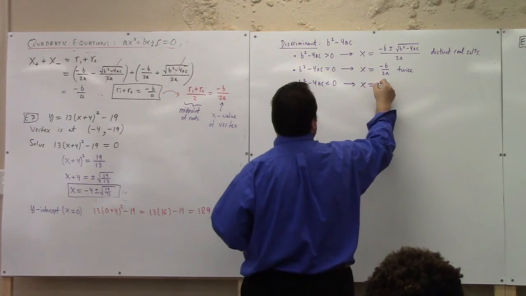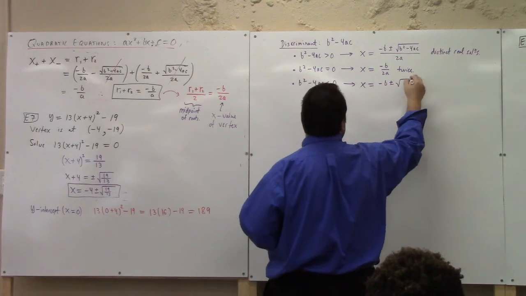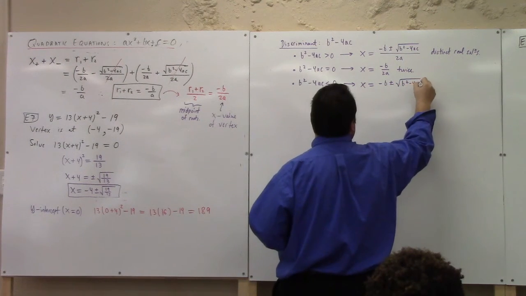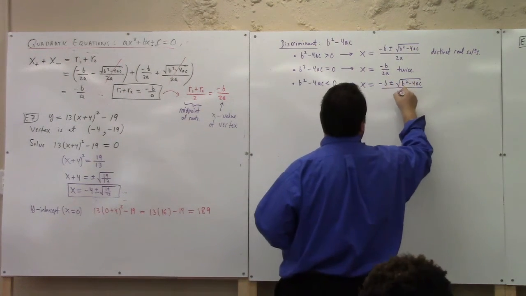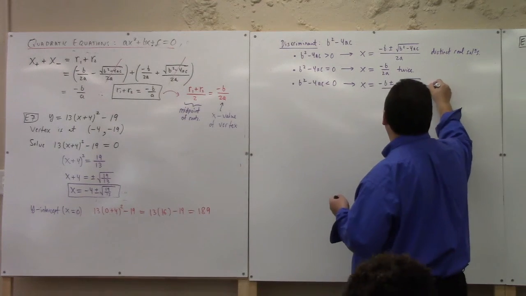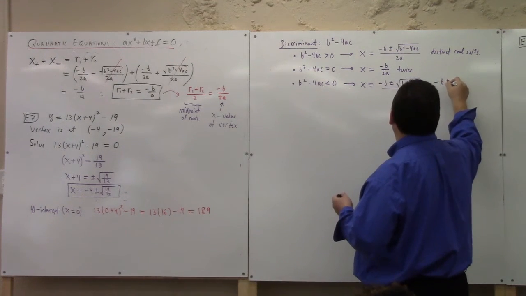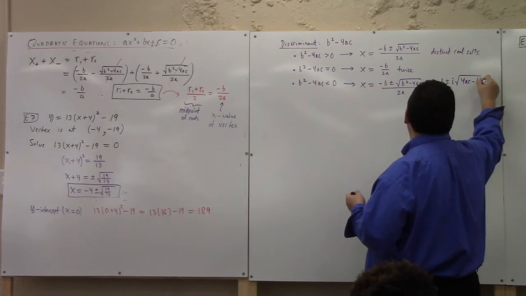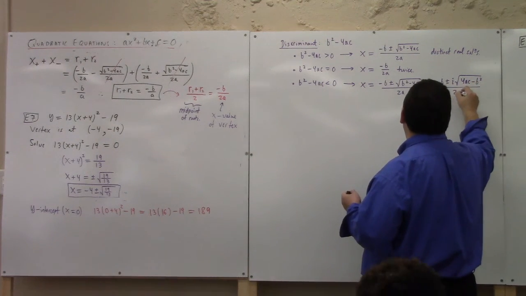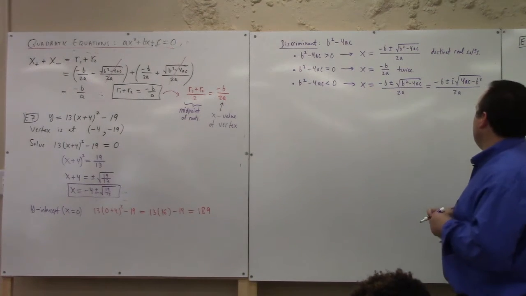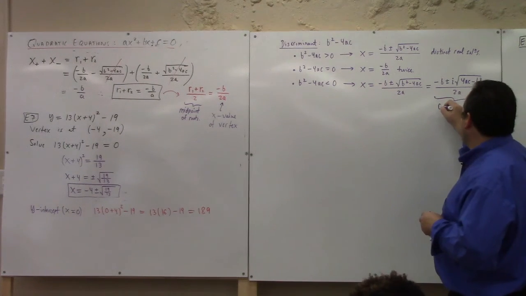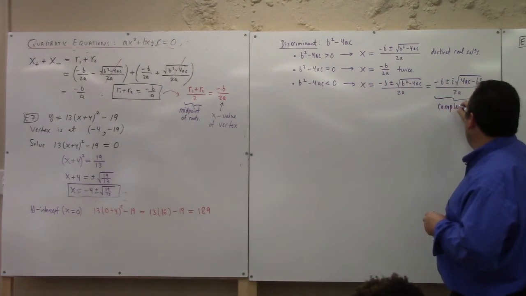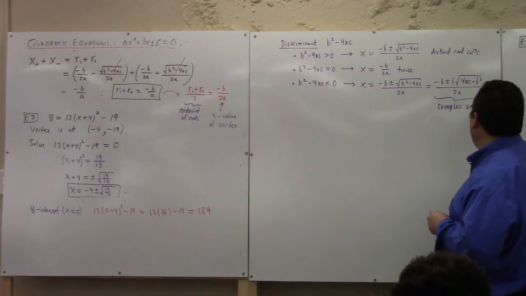We get x equal to minus b plus or minus the square root of b squared minus 4ac over 2a, right? But notice that in this case, we could rewrite this as minus b plus or minus i times the square root of 4ac minus b squared over 2a, right? In other words, this is a complex conjugate pair.